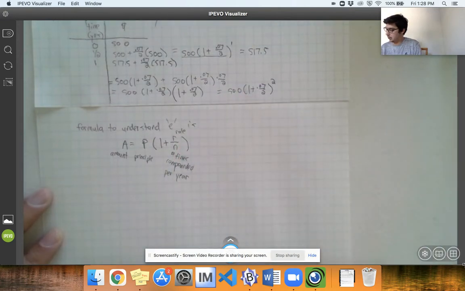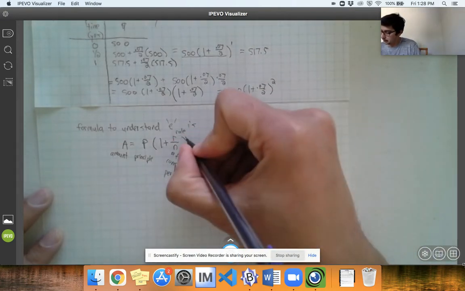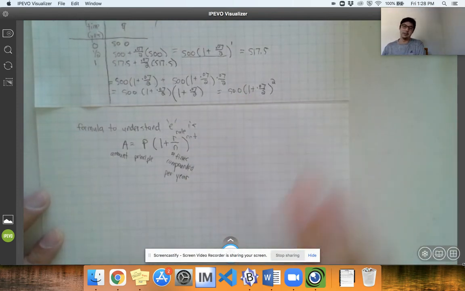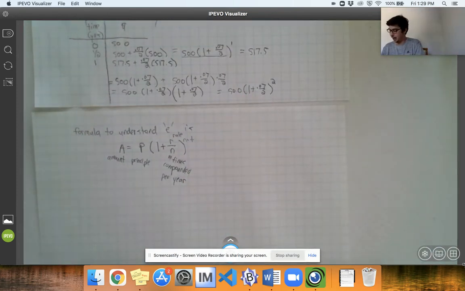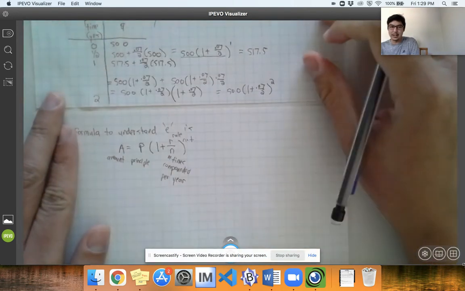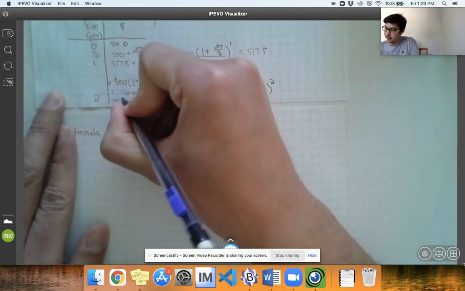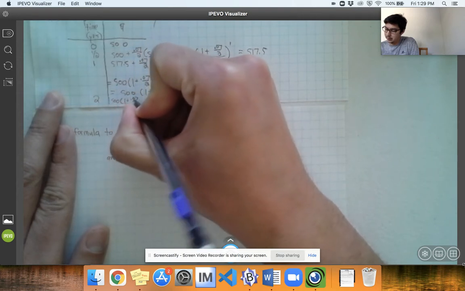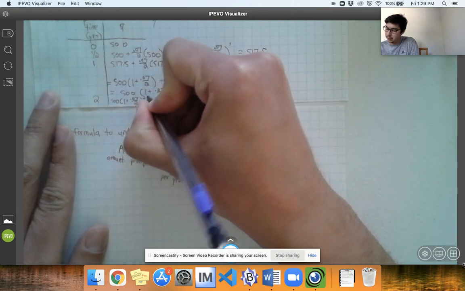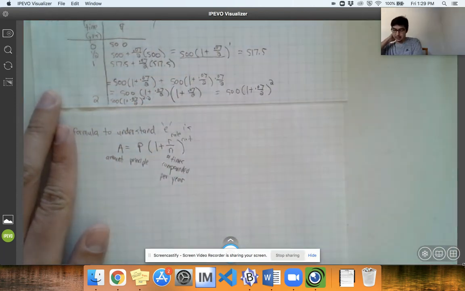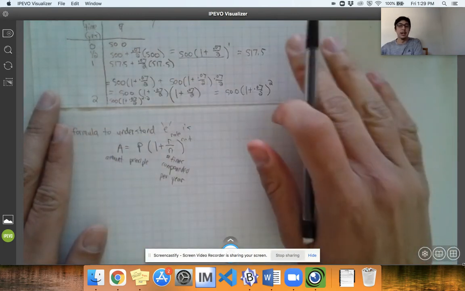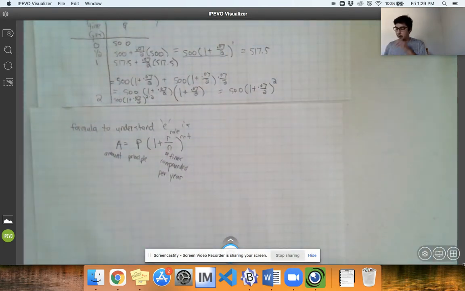And then it's raised to the n, and then we technically have to do times t for the time. What I mean by that is, if we were to do the second year, it would actually look like 500 times 1 plus 0.07 over 2 to the 2 times 2, which you could see would make 4, because semi-annually in 2 years it would compound 4 times. So this is the formula we're going to use.